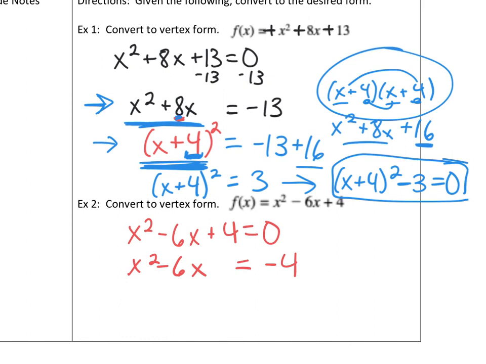Okay. Now, I just need to divide negative 6 by 2. And what is that? Negative 3. So we all got x minus 3 squared equals negative 4. And I've got to add 9. X minus 3 squared equals 5.